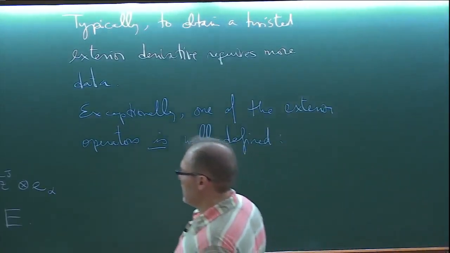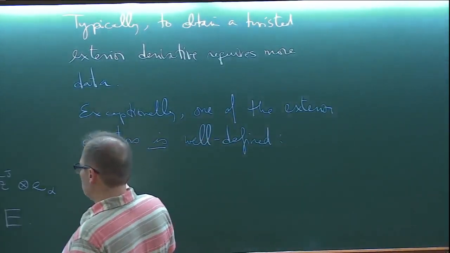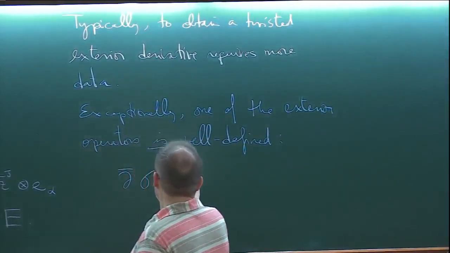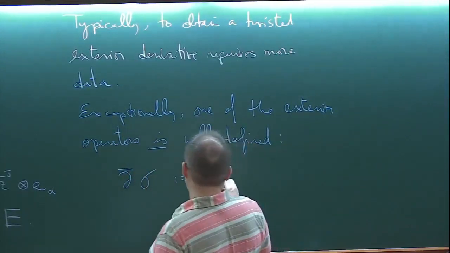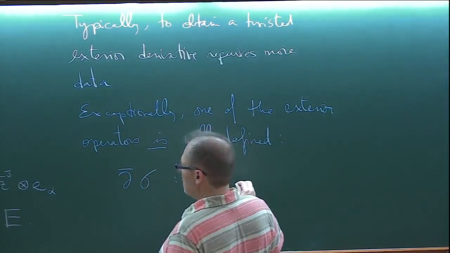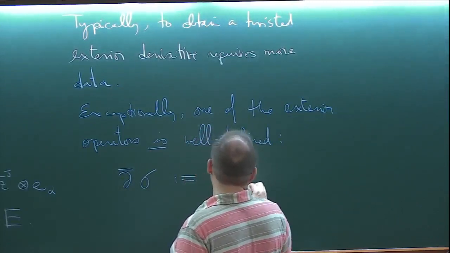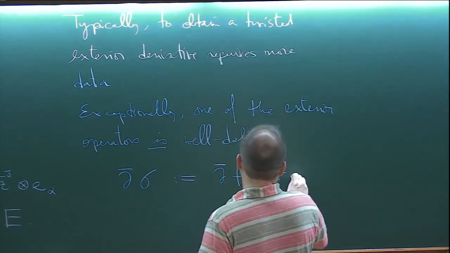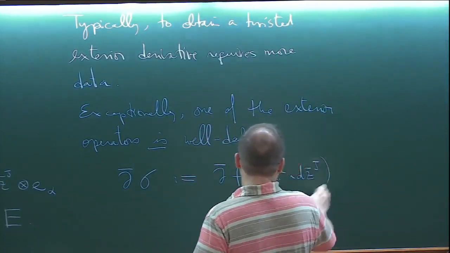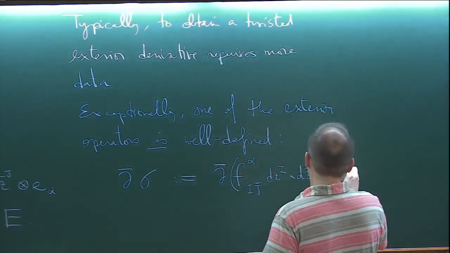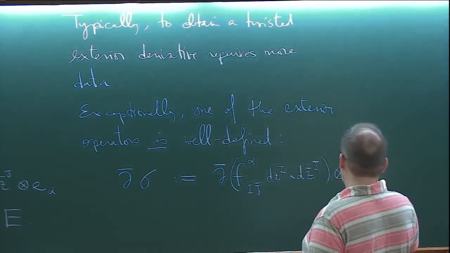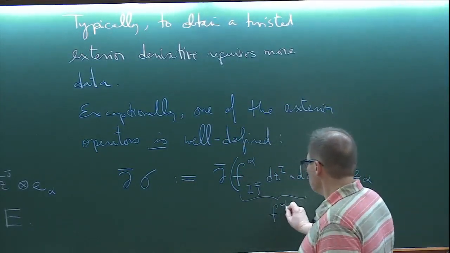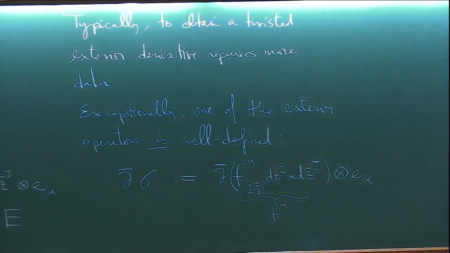So I'm going to define d-bar of sigma, by definition, to be d-bar of f_{α i j-bar} dz_i wedge dz-bar_j tensor e_α. I can think of this locally as just some differential form, which I'll write as f_α.